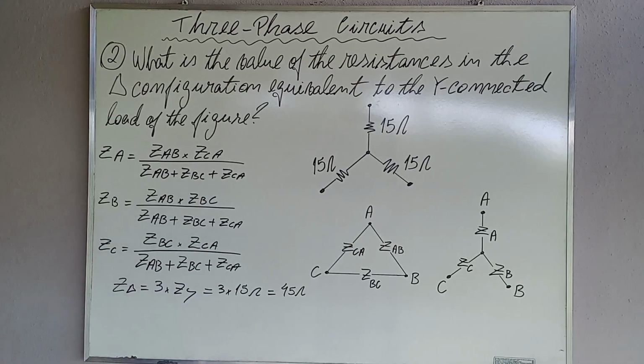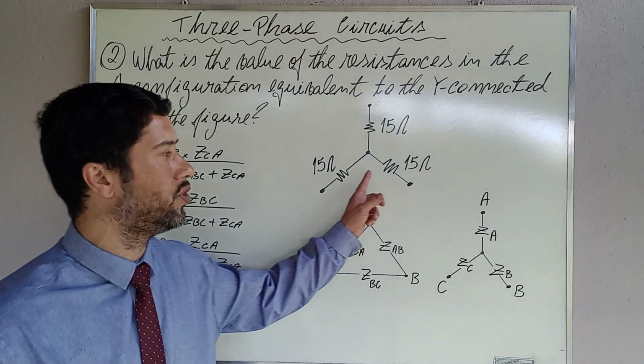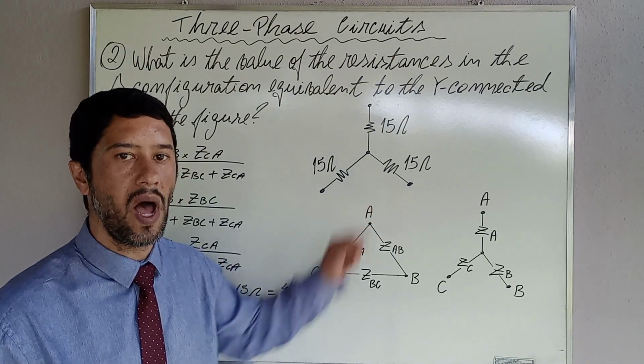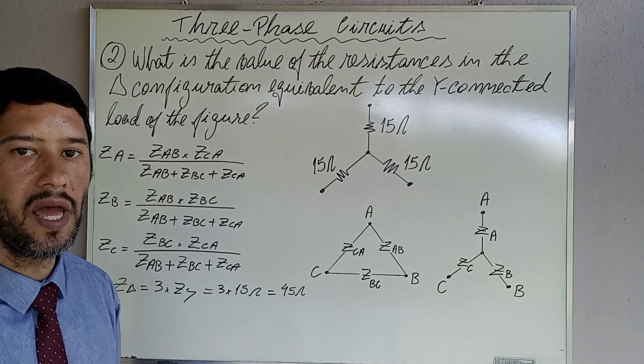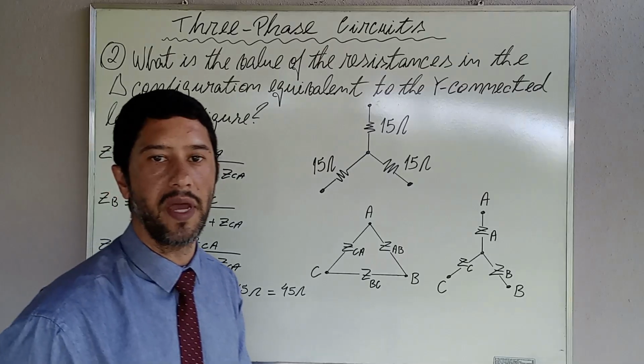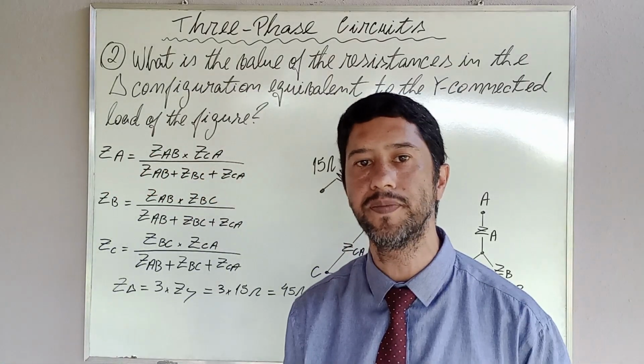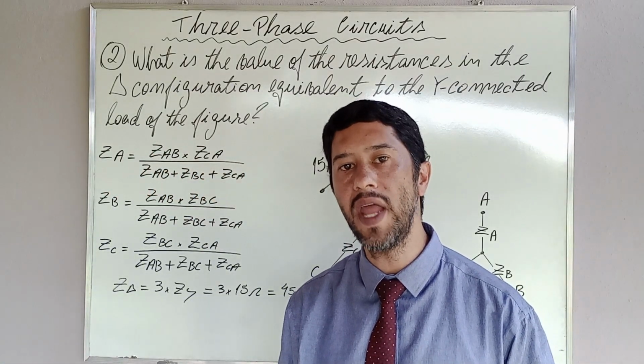Therefore, the resistances in the delta configuration equivalent to this load in Y will be 45 ohms. And this is all for the debate of this exercise. Let's go to the next.